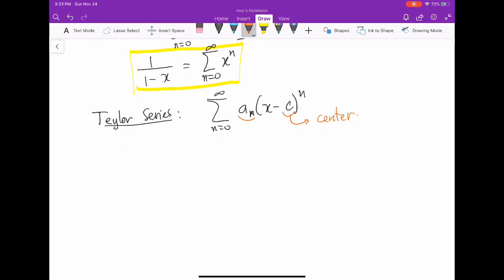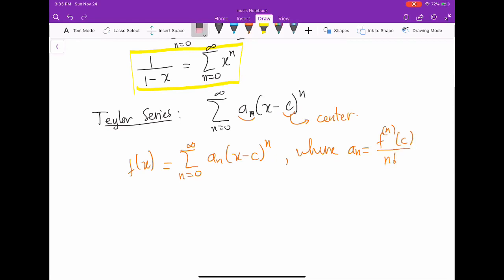It turns out that if you have a differentiable function, your function can be represented in the form of the sum of a_n (x minus c) to the n, where a_n equals the nth derivative at c over n factorial. So what does it mean?